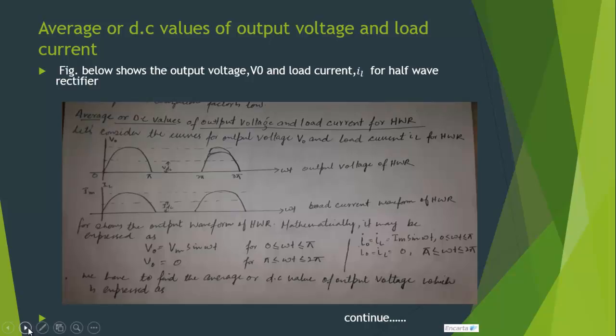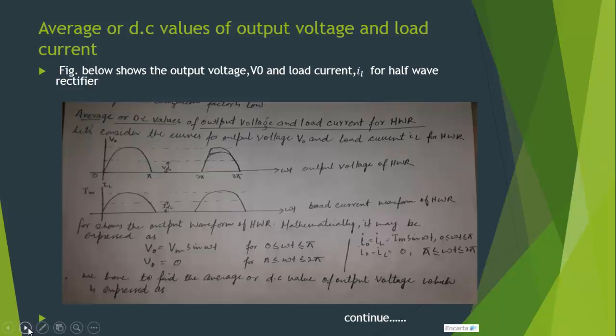Here you can see there are two figures below. The first one is the output voltage of the half-wave rectifier, as we have discussed earlier, and the second is the load current waveform of the half-wave rectifier. Mathematically, it is a sinusoidal signal.